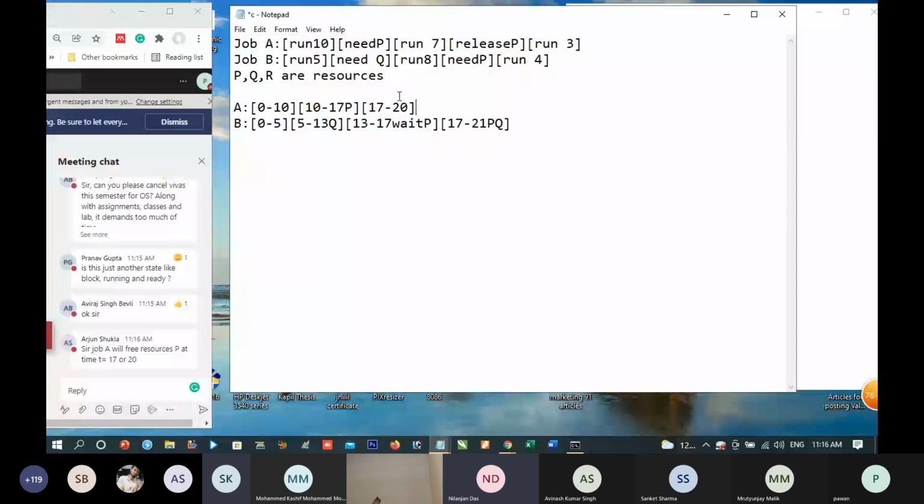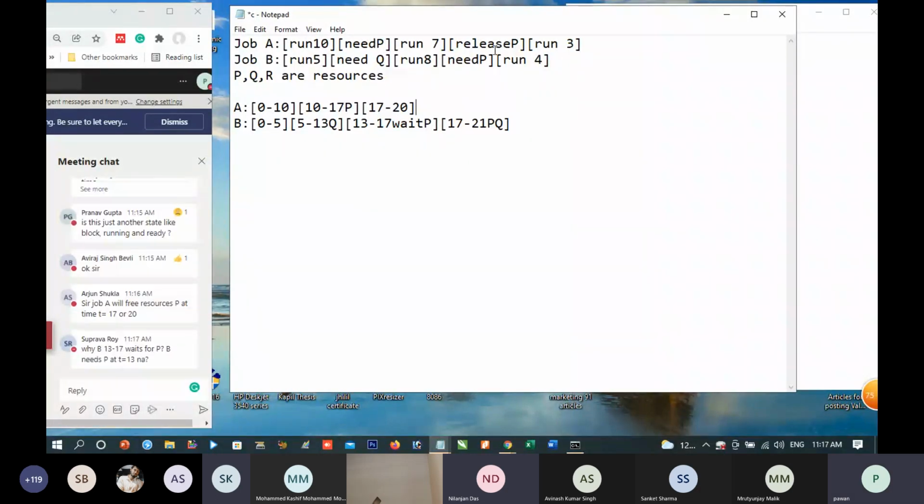You see, job A is releasing P at time t equal to 17. But from 17 to 20, job A is executing without resource P. Resource P has become free. That is why job B is able to use it.